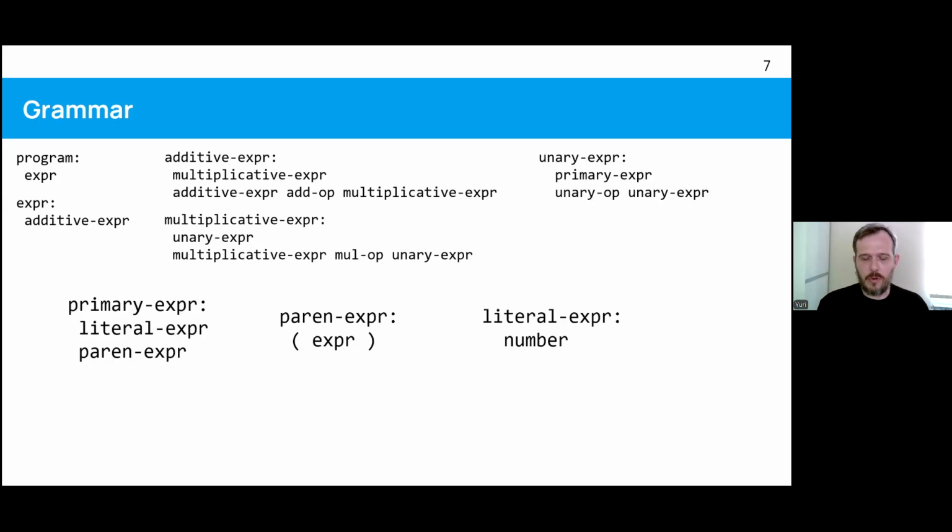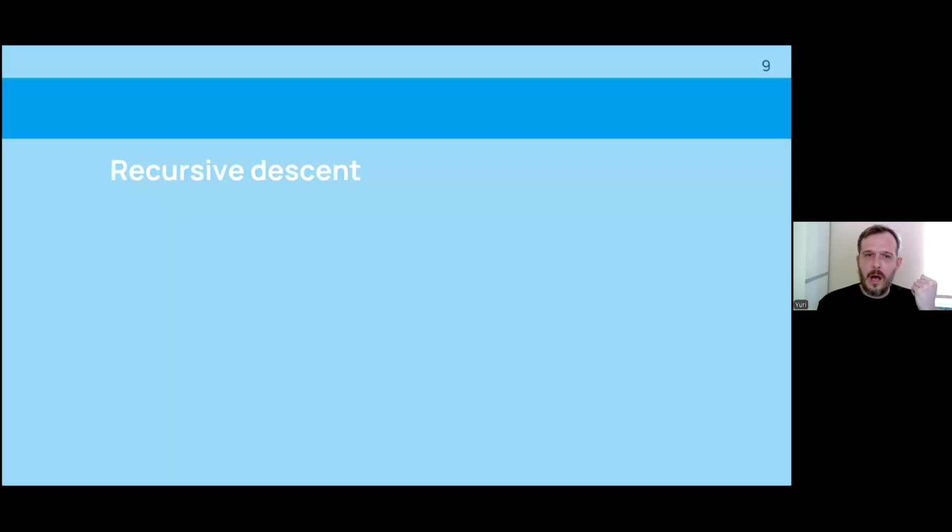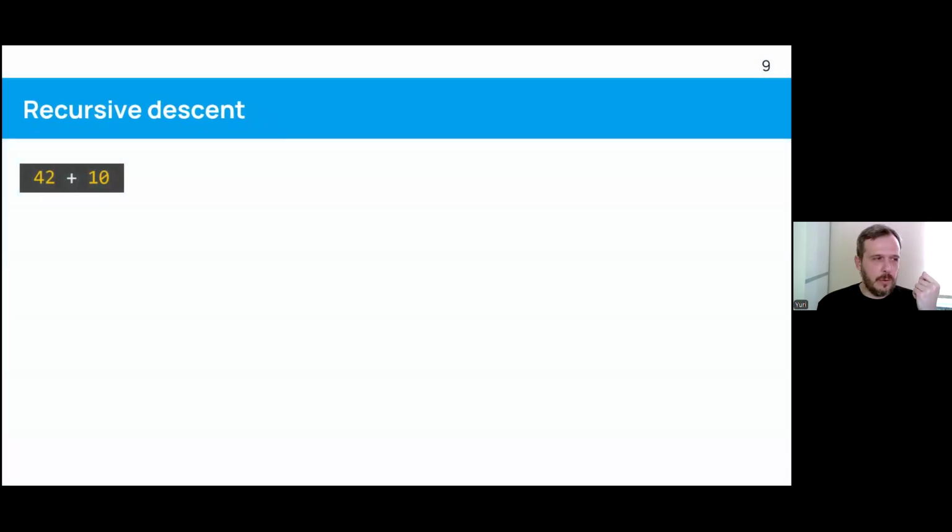Okay, and to parse this grammar, we are going to be implementing by hand the recursive descent method. So we are going to have a recursive descent parser, because that's the only thing you can reasonably write by hand. So why is it recursive and why is it descent?